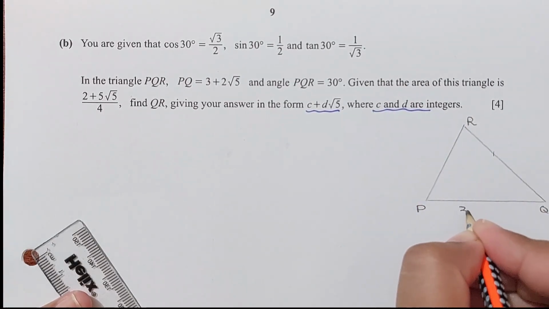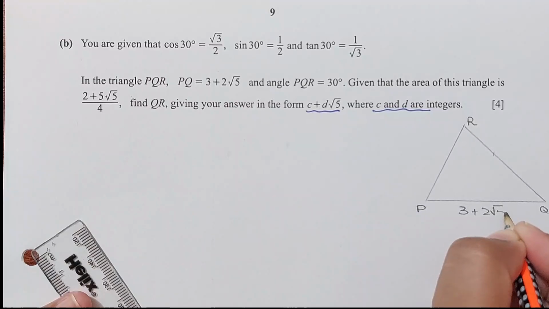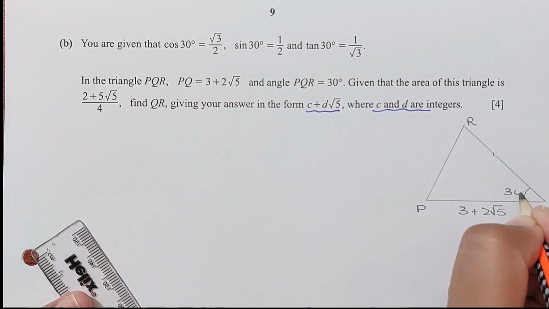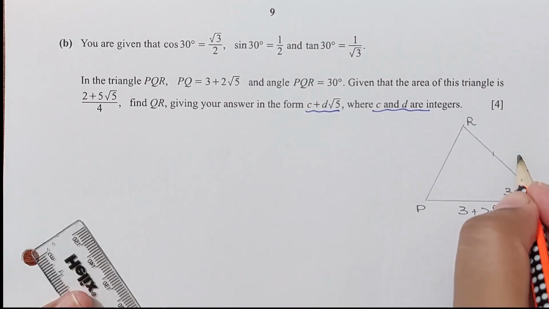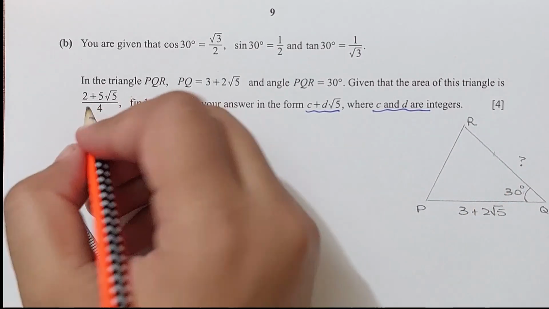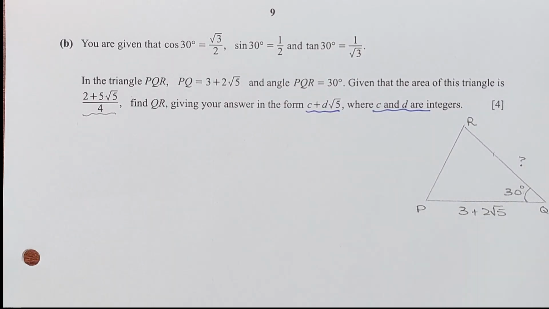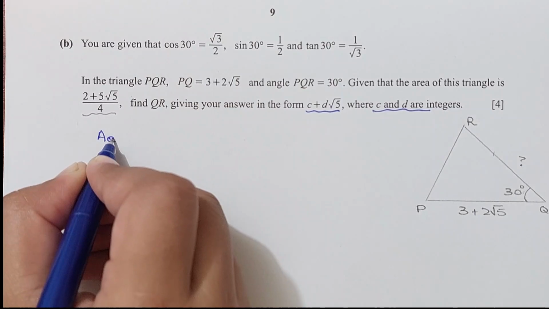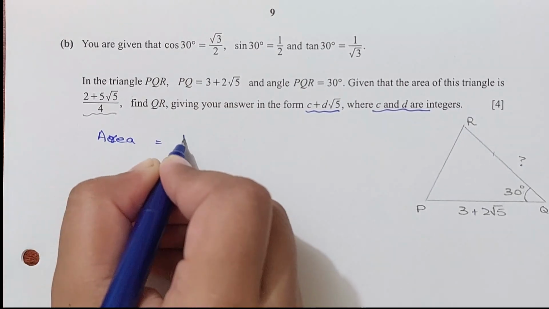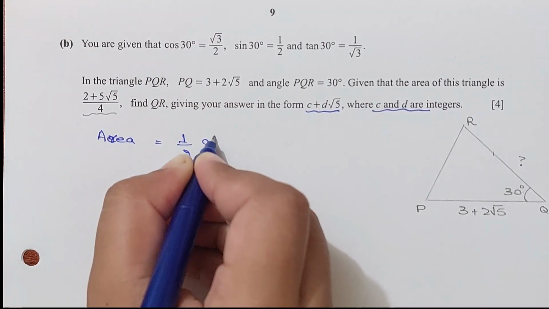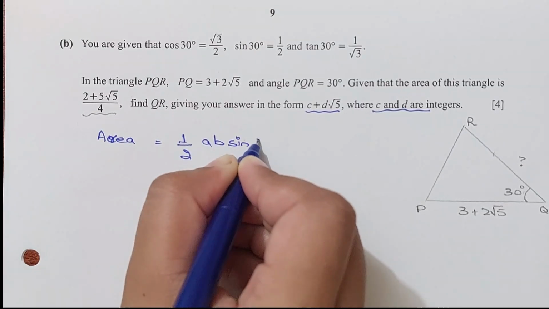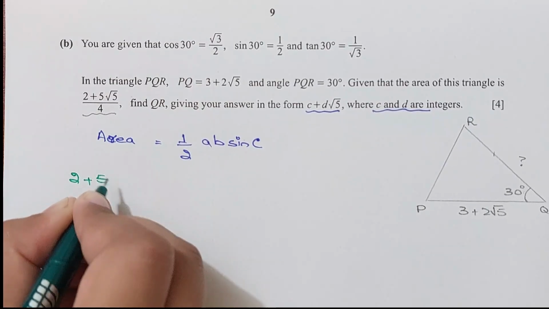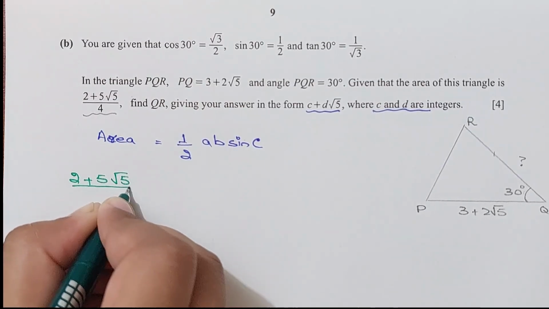We have given PQ, which is 3 plus 2 square root of 5, and we have given angle PQR, which is 30 degrees, right? We have to find QR, and we have given the area. So using the information, the area of a triangle has a formula which is half ab sine C. The area we have given is 2 plus 5 square root of 5 divided by 4.